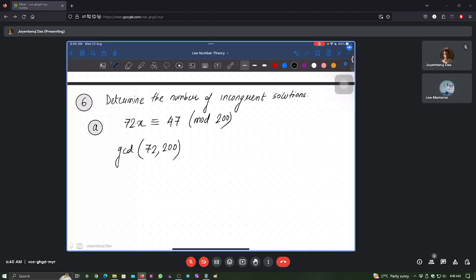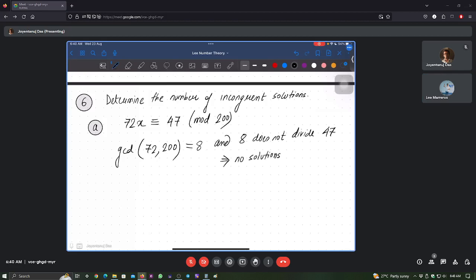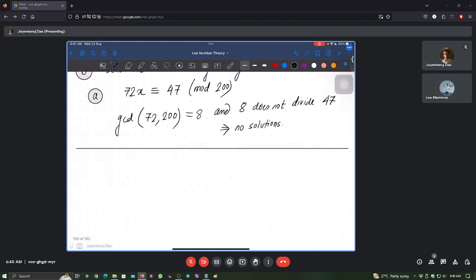What is the GCD? The GCD is 8, and 8 does not divide 47. So this implies no solutions, right? Okay.